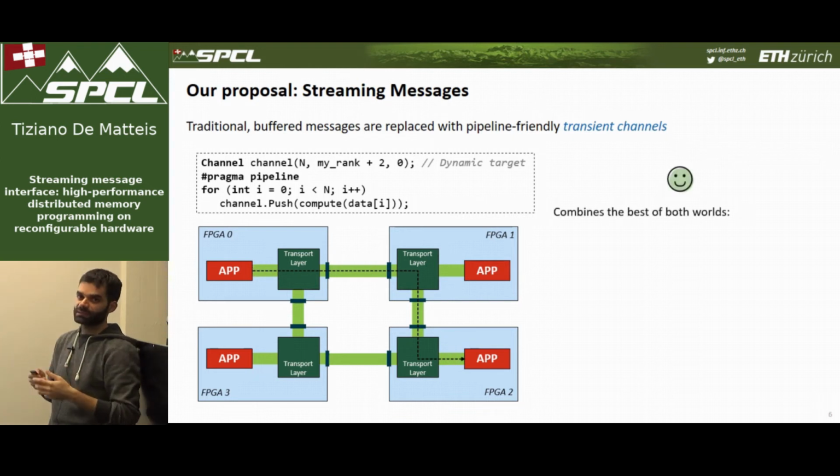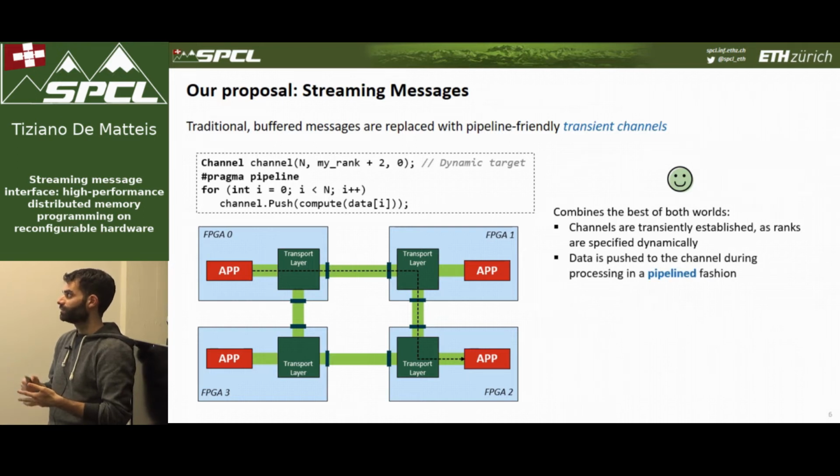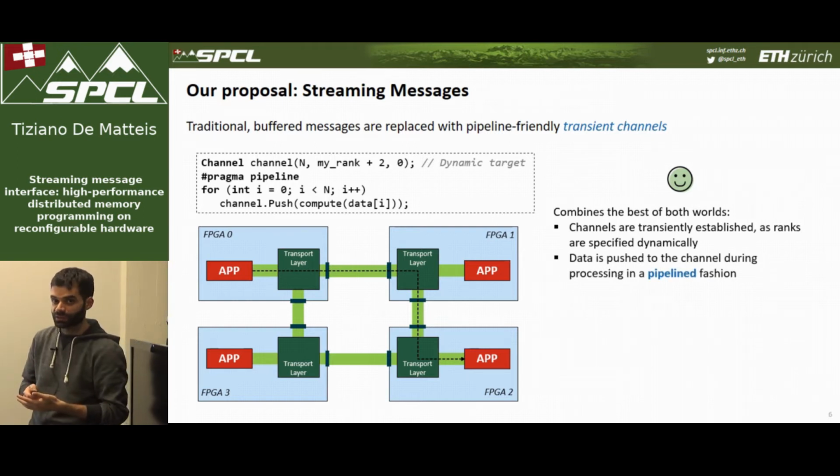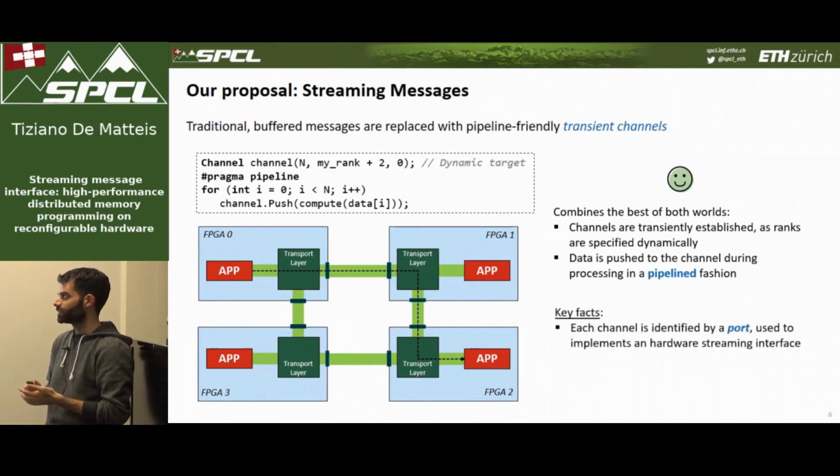Now this combines the best of both worlds, because from one side we have that channels are transiently established. We can specify ranks dynamically, for example, and we have a pipelined communication model, and we can communicate while we compute. What are the key facts of this approach?